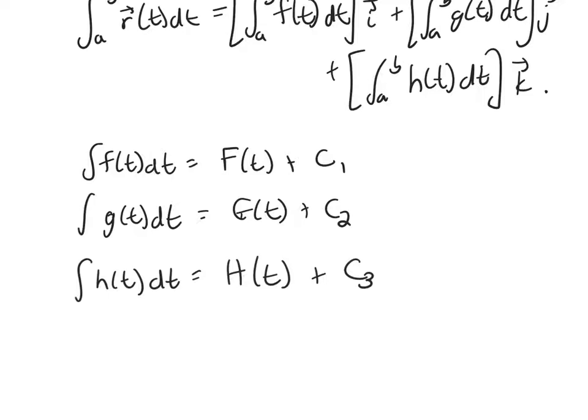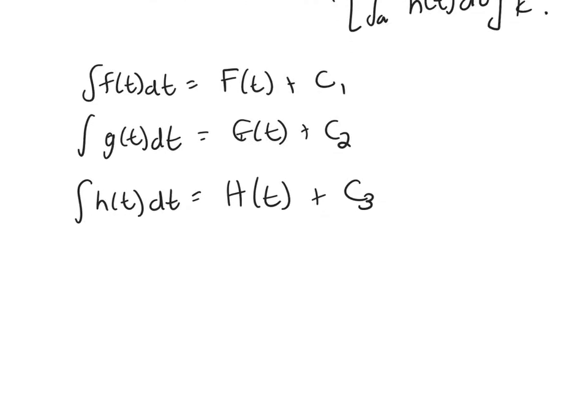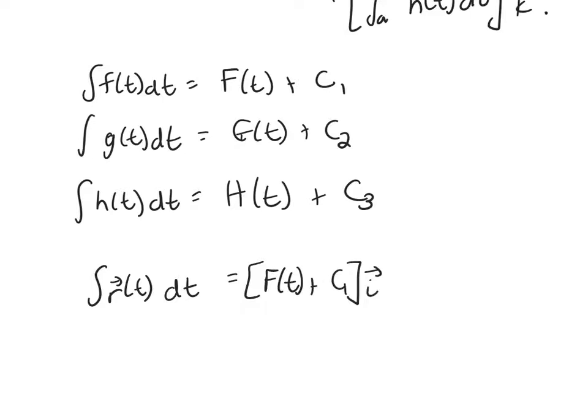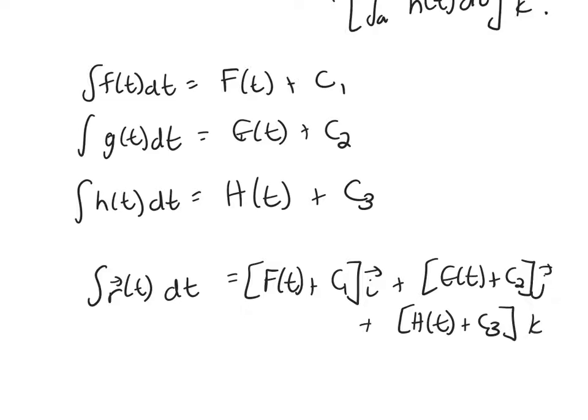And then what happens is if you put this into your indefinite integral, what are you getting? You're getting f of t plus c1 i, plus g of t plus c2 j, and finally plus h of t plus c3 k.